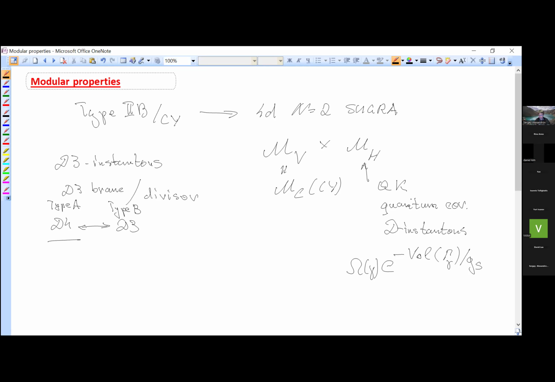It means that from the point of view of these 4 uncompactified dimensions, it's a point-like object. It doesn't move in time. This object lives in Euclidean theory, and this is why it's an instanton. So these instantons are objects in Euclidean theory.